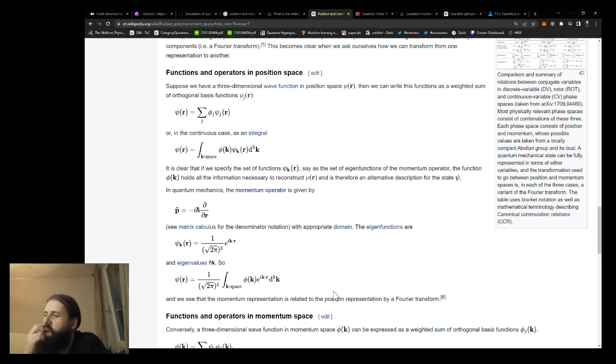Yeah, but this is not known, right? And then it's basically saying, whatever it is, you have these coefficients that are multiplied by the eigenfunctions of the momentum operator, and integrated, just as a sum.